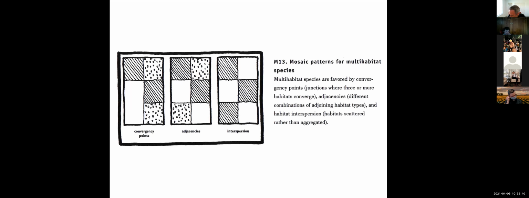And likewise, they'll be favored in landscapes with numerous adjacencies of lots of different habitat types, and in mosaics where the habitats are scattered throughout the landscape rather than aggregated into larger patches, right? And all of these tend to describe, maybe not the convergency so much, but definitely the adjacencies and the interspersion, human-dominated landscapes. And so those are some of the other factors that are favoring those generalist species.